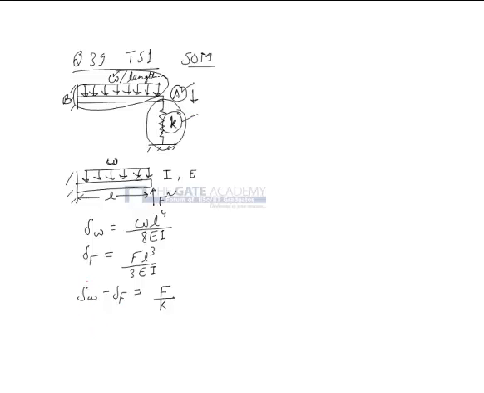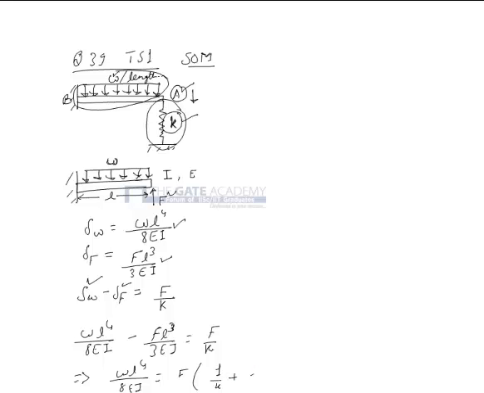So if we substitute the values of delta W and delta F from these equations, we get WL to the power 4 upon 8 EI minus FL cube upon 3 EI equal to F upon K. So we rearrange this equation to get WL to the power 4 upon 8 EI is equal to F times 1 upon K plus L cube upon 3 EI.